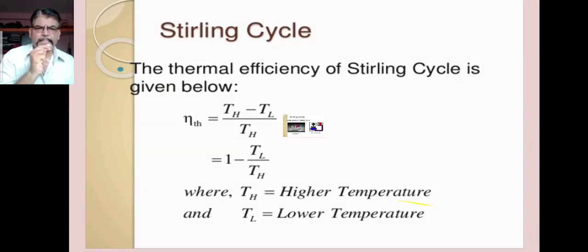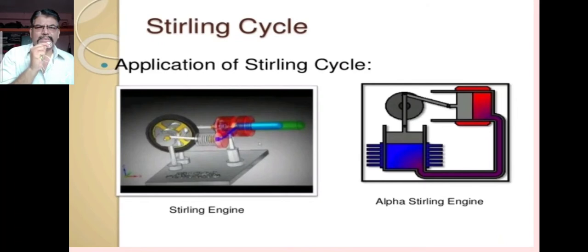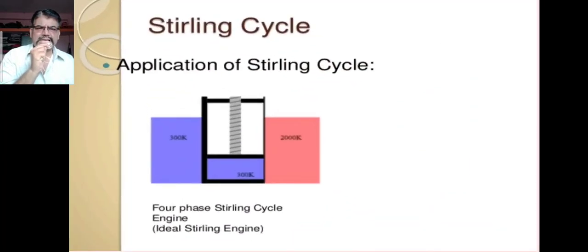This is the efficiency. Now for some applications, we can see the Stirling engine in the diagram, then the alpha Stirling engine. So these are the different Stirling cycles, one being an application of the Stirling cycle. So this is the whole Stirling cycle.